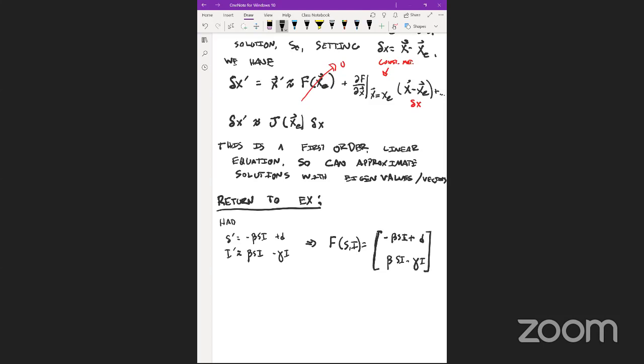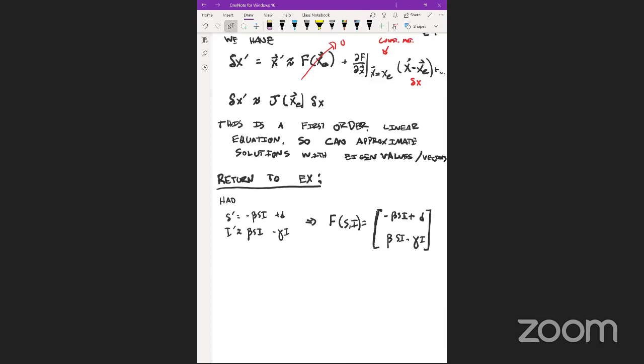So we just need to compute the Jacobian, J at S, I, which is again the partial derivatives.